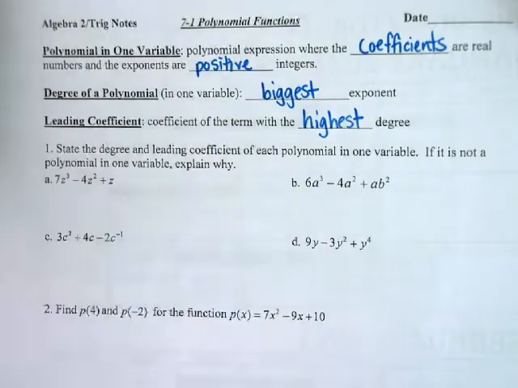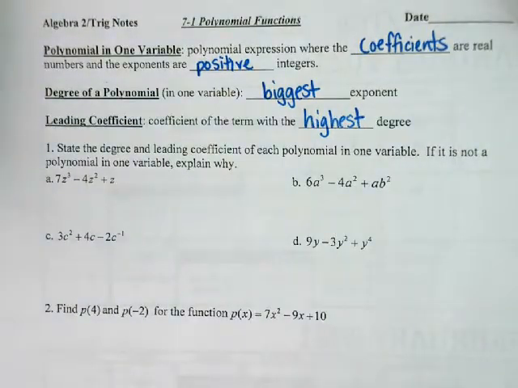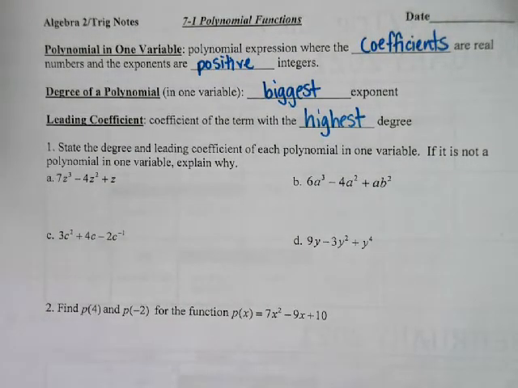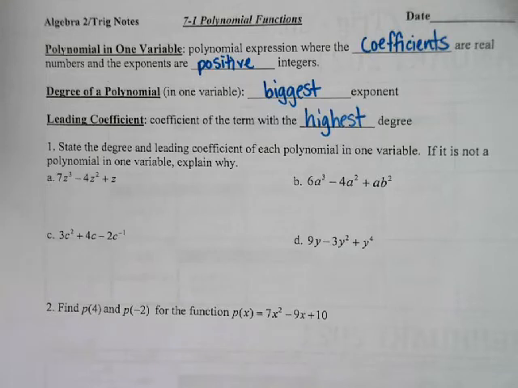So, true mathematicians, or those cranky mathematicians, if you will, always write it with the biggest exponent first, in descending order, right? So the one with the biggest exponent would be our degree, and the number in front of that guy would be our leading coefficient. Now, do you have to always write it in descending order? No, so that's why you have to be careful looking for the leading coefficient.